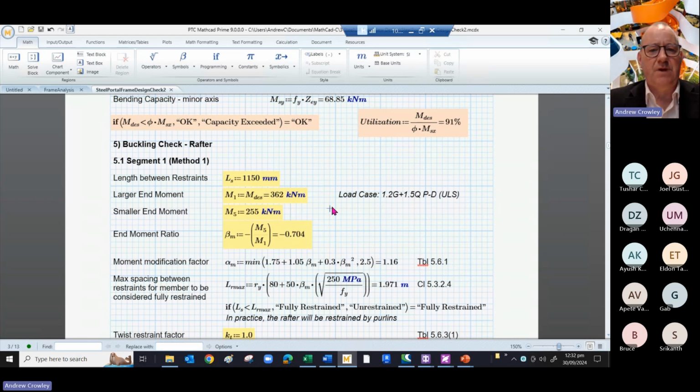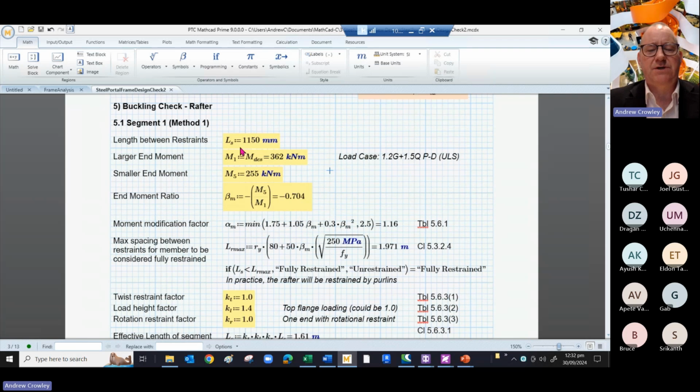So we've now got a length between the restraints of 1150 millimeters. We look at the moments at the ends of that section, which is 362 at one end, 255 at the other end, and this gives us an end moment ratio, or beta M, of 0.7.